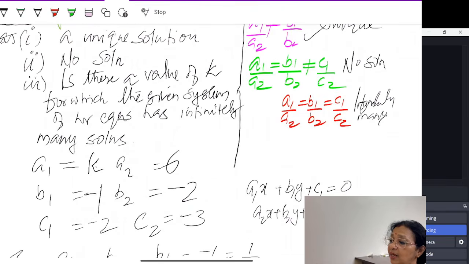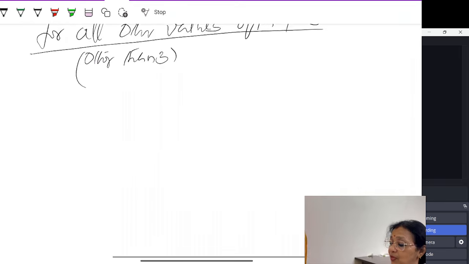Is there a value of k for which the given system has no solution? For no solution, a1 by a2 is equal to b1 by b2 not equal to c1 by c2.